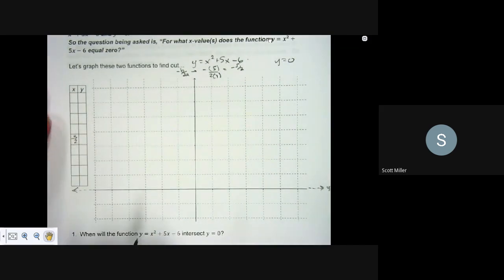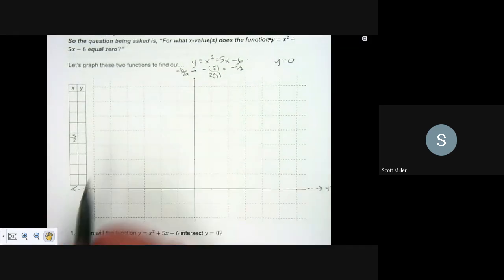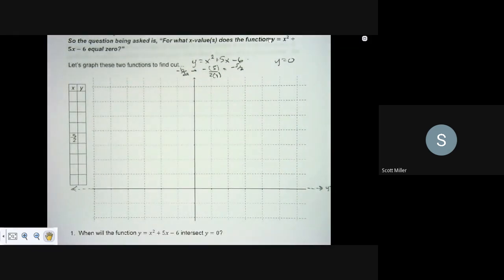Okay? And so we can use our calculators or whatever we need to do. And that's what I'm going to do, I'm going to go over here and use my calculator to assist me. And we're going to graph x squared plus 5x minus 6 at negative 2.5.